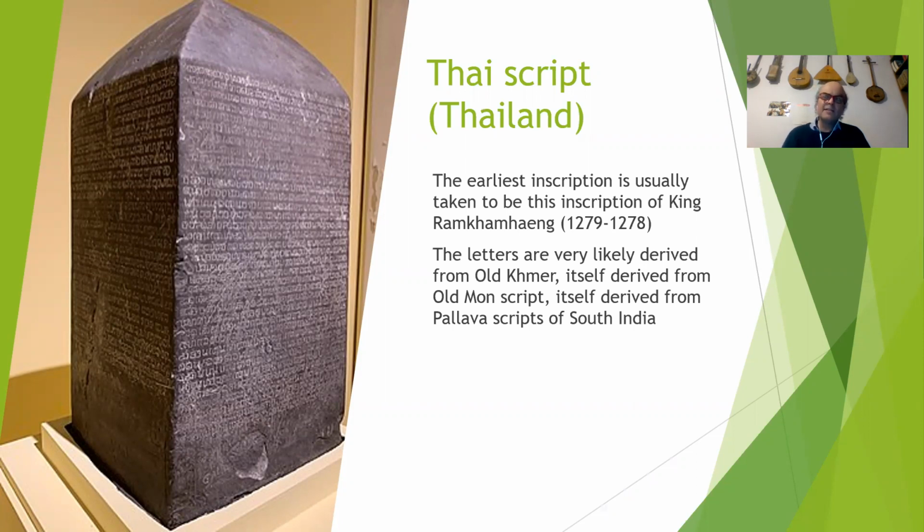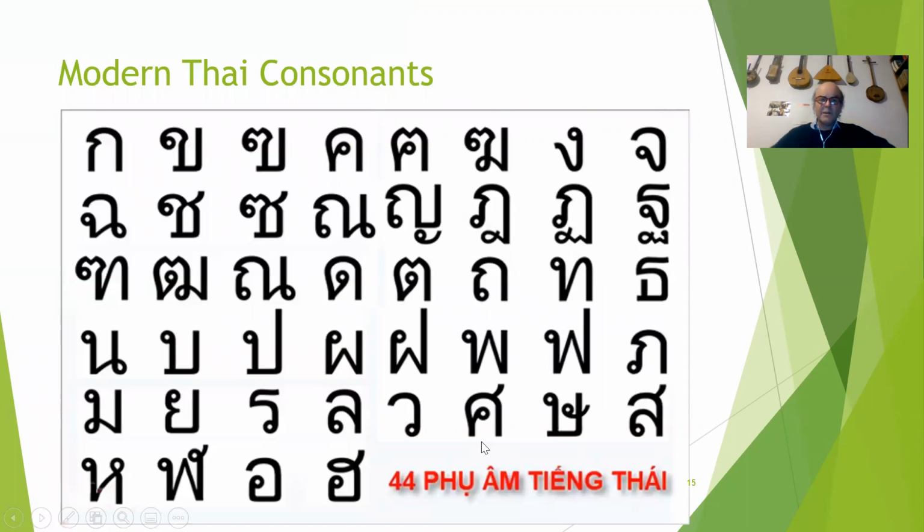Some scholars have suggested that maybe it wasn't written at that time, that it's much later. But let's say for the moment that we accept that it was written at that time. Certainly, there were inscriptions in Thai languages that looked very similar to this from about that time. And these have slowly, over many years, developed into the modern Thai script.